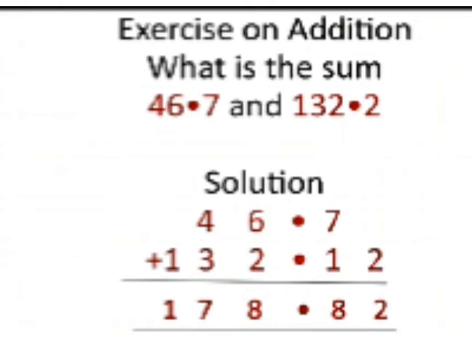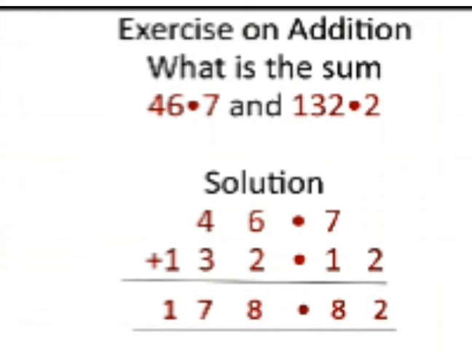Ensure you use this arrangement anytime, anywhere. 46.7, 132.2. I ensure that the decimal points are on a very straight line so that I will know where the other numbers are. And so that is how to do addition and subtraction of decimal numbers.